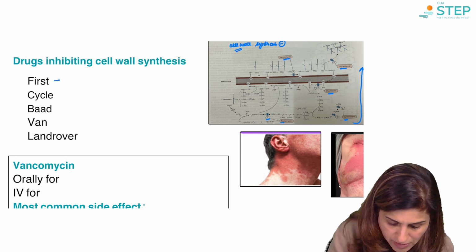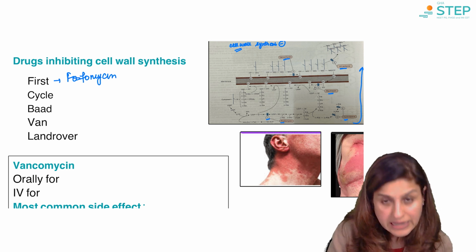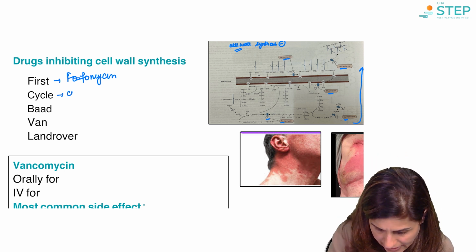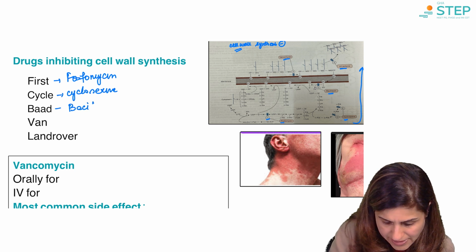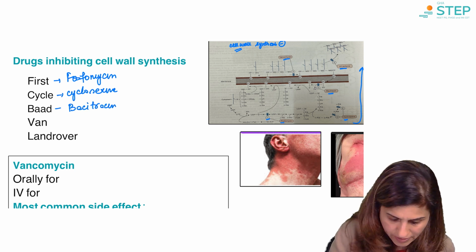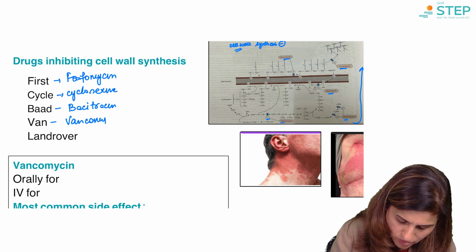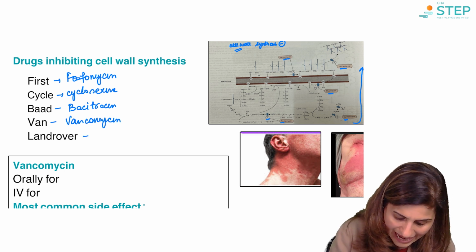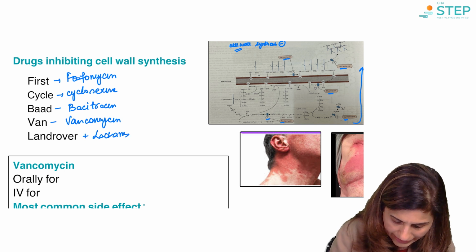So first means fosfomycin. Cycle means cycloserine. Bad means bacitracin. Van means vancomycin. And Land Rover means lactams, beta-lactams.